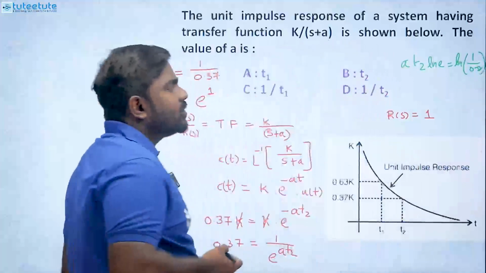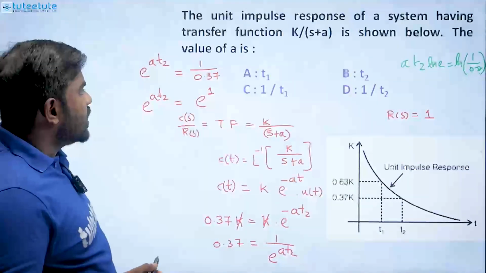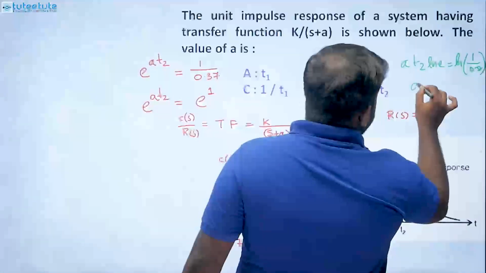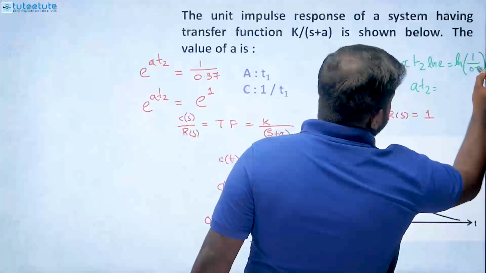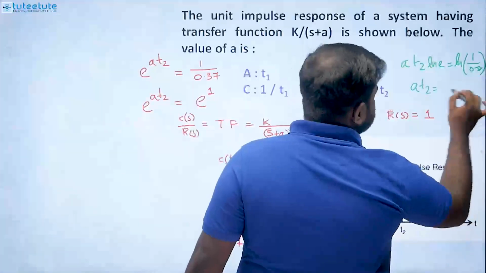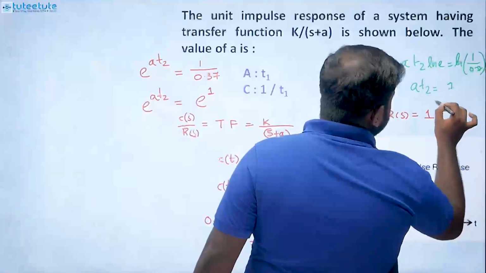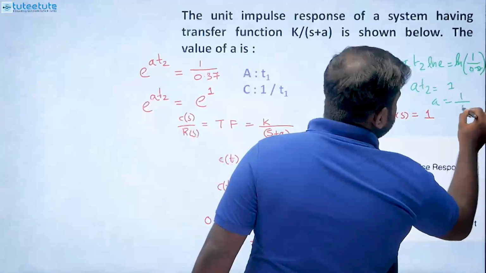This will also give you the exact answer. Okay. So here you will get A T2 equal to natural logarithm of 1 divided by 0.37, which would give you 1 itself. So A value would be 1 by T2.